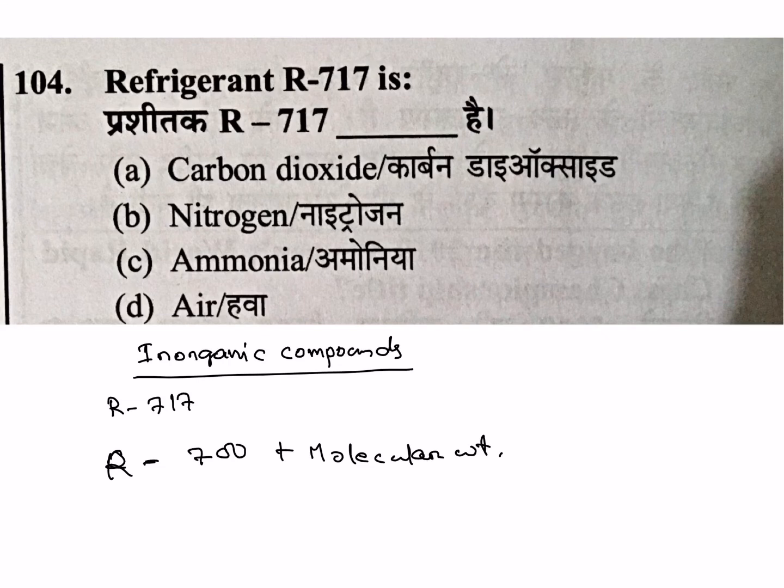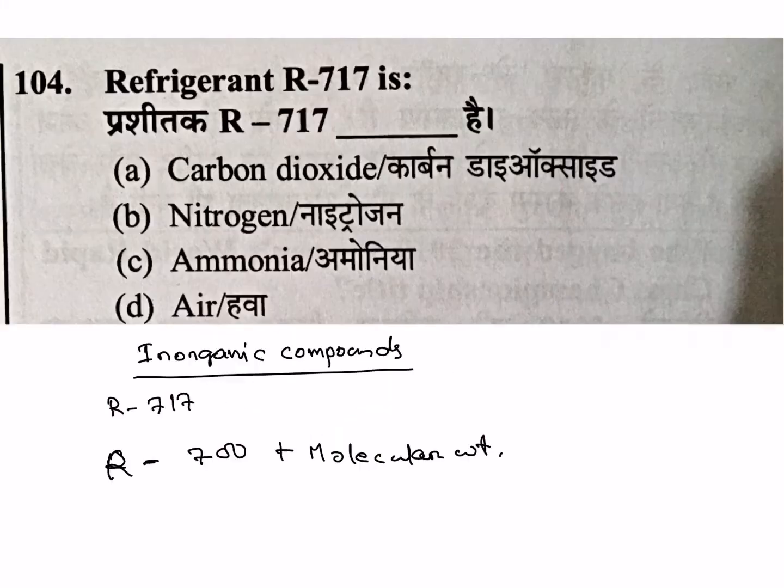Then from options we will check. Option A is your carbon dioxide CO2, then nitrogen, ammonia NH3, air. All options we have to check. CO2: carbon 6 into 2 plus 8 into 2 into O2.